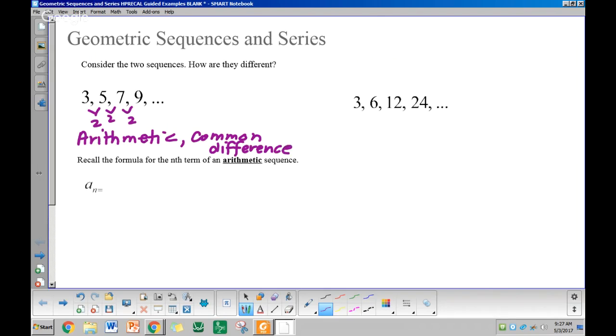Most people would say common multiple, right? But it's a common ratio. And we're going to call that common ratio r, the ratio. And this one is geometric.